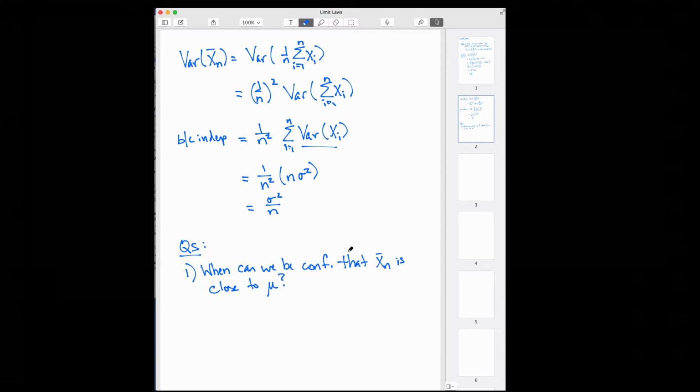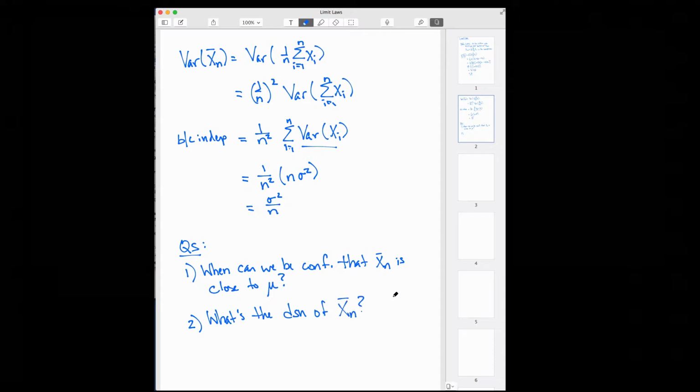So we know that on average the sample mean will be mu, but that doesn't talk about what's happening in each individual case where we're estimating this sample mean in an effort to estimate the population mean. So when is it a good approximation? How many samples do we need? The second question is, well, what's the distribution of the sample mean?